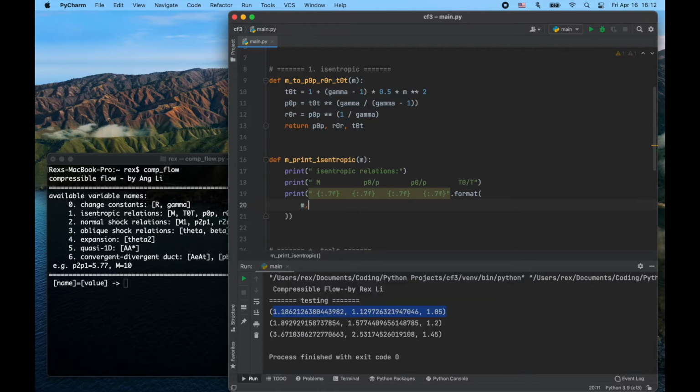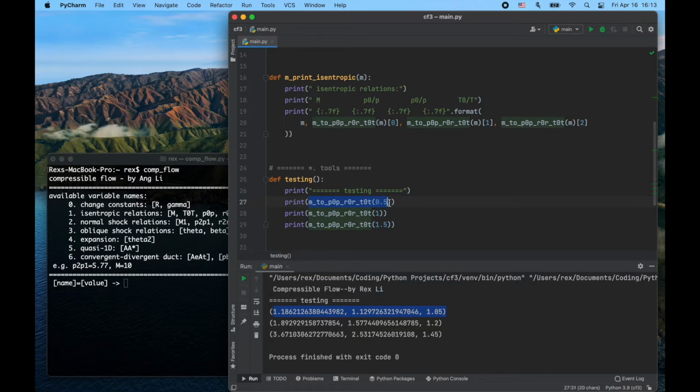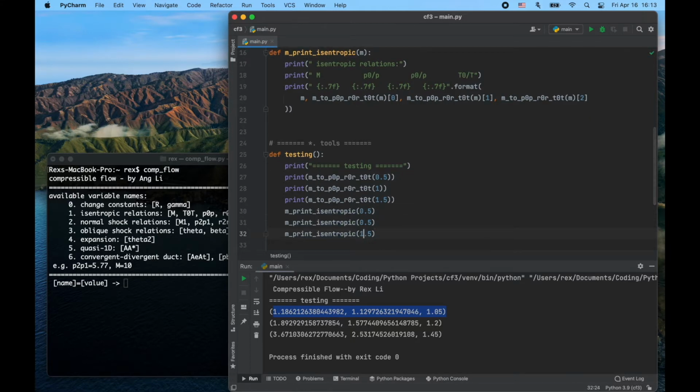So the first one is Mach number. The second one is this value, this tuple, but I only take the first value. Similarly, this one is the second, and this one the third. So instead of printing the tuple, we will just use and print that for the 3 cases.